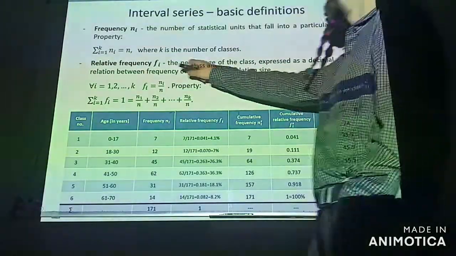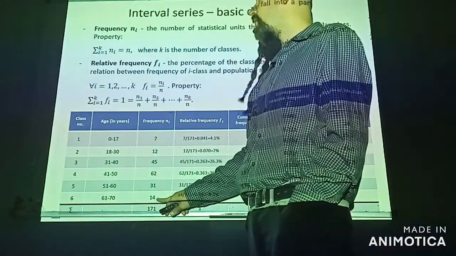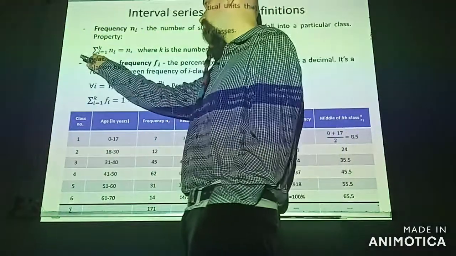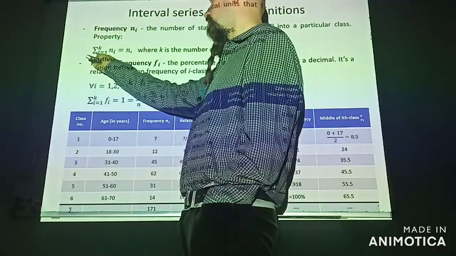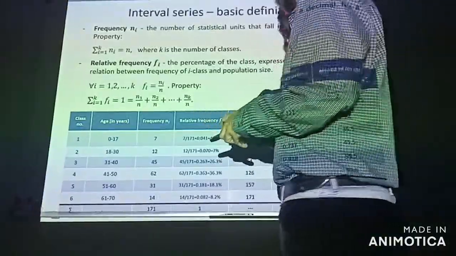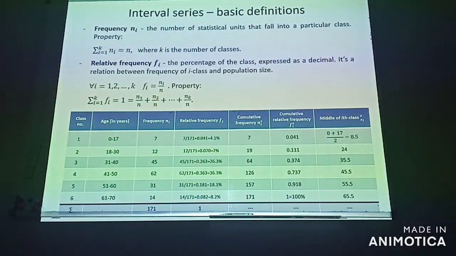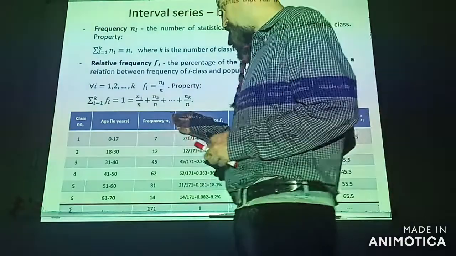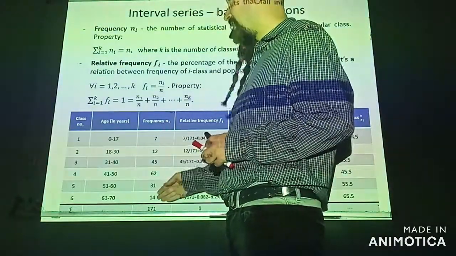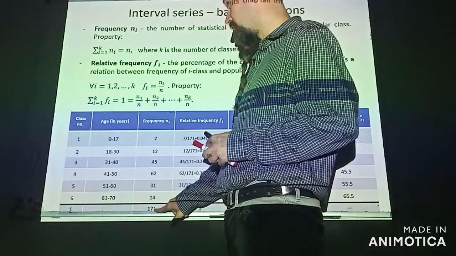Here we have the sum from i equal 1 up to k, where k indicates the number of classes. As you can see, if we sum up all ni's, we receive n, the population size.